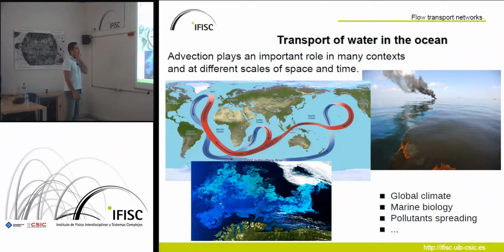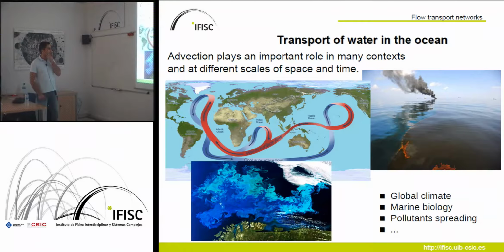We know that transport of water masses in the ocean plays a really important role at many different scales in many different contexts. Here, for example, you can see a schematic representation of the global thermohaline circulation, these huge currents in the ocean that are really important to the global heat balance of the Earth. This picture is a satellite image of an impressive plankton bloom in the Arctic Ocean.